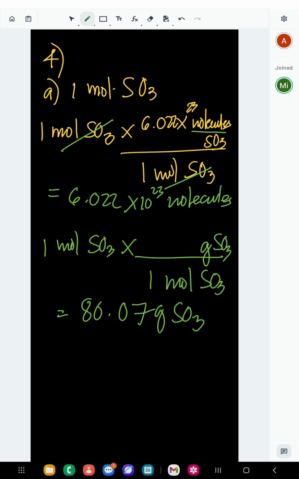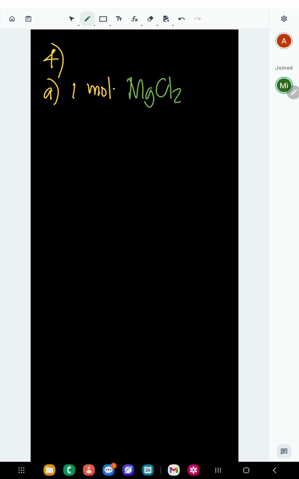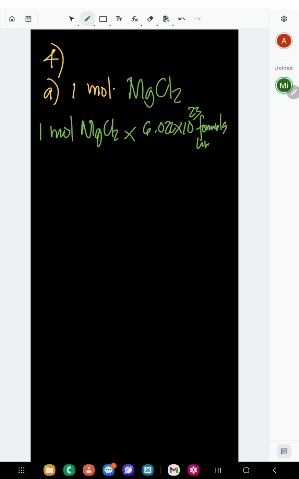Okay, the next one is MgCl2. Formula units, that means you use Avogadro's number again. So 1 mole MgCl2 times 6.022 times 10 to the 23rd formula units of MgCl2 per 1 mole MgCl2.